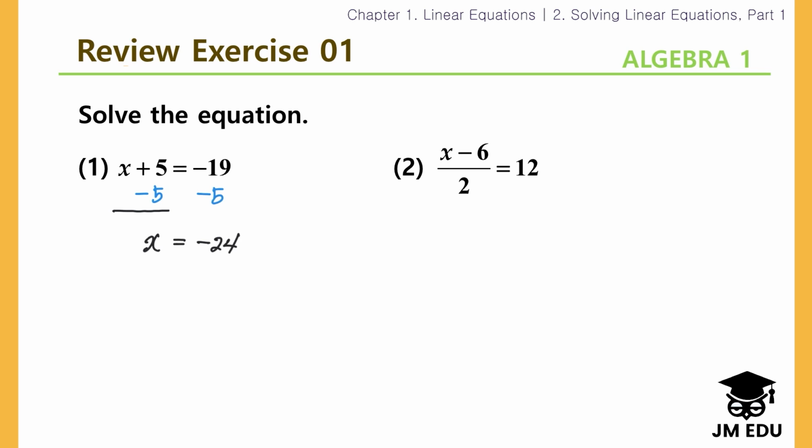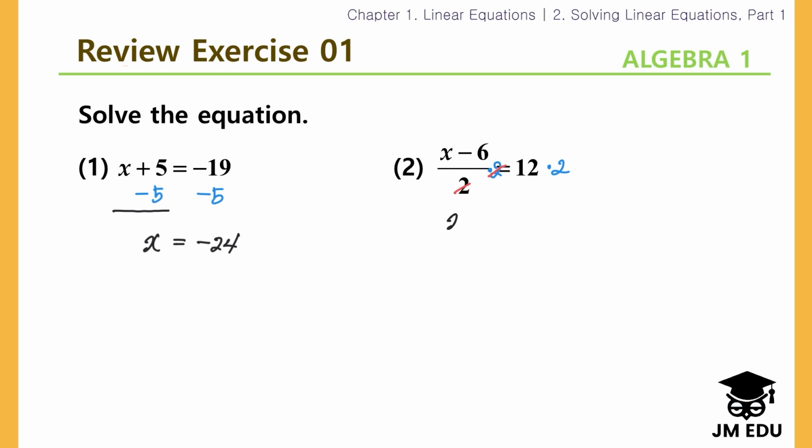For number 2, we have denominator 2, right? So first step is that we have to eliminate this 2 by multiplying each side by 2. So multiply by 2 here, multiply by 2. Then this number cancels out.